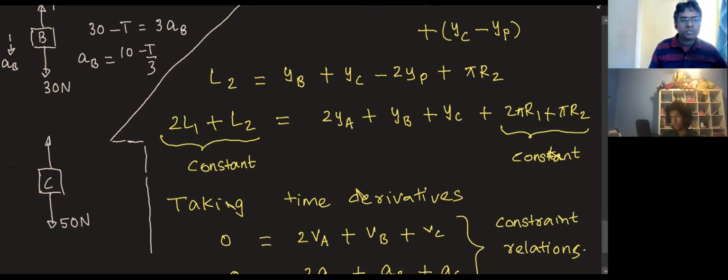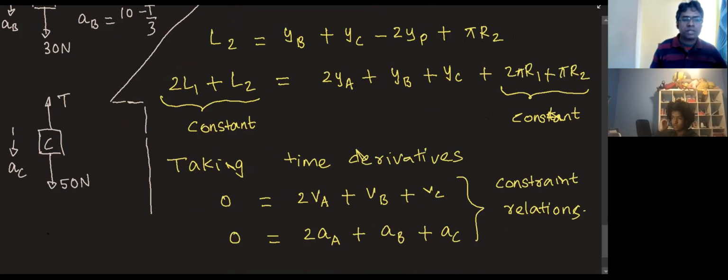And we are assuming that it is going down with acceleration AC. Like we wrote for B, we can say 50 in the downward direction, tension in the upward direction, equal to mass into acceleration, which is 5 into AC. So what is AC here? AC is 10 minus T by 5.